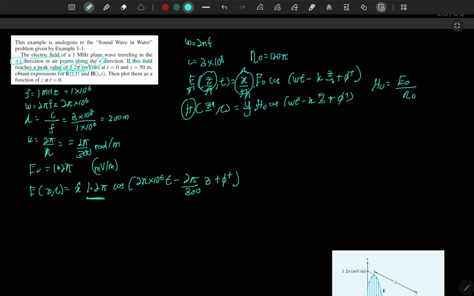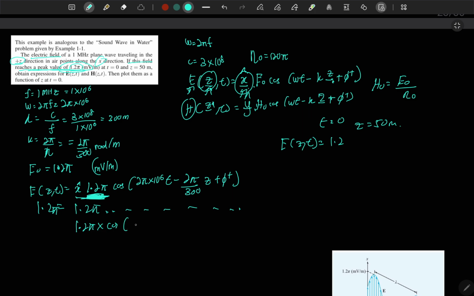Okay, so what is peak? E(z,t) is 1.2 at t equals to 0 and z equals to 50 meter. Now in this question it said that it's 1.2, meaning that 1.2 pi is equal to 1.2 pi. Now we know that 1.2 pi times cos of everything in this should be giving us the answer.